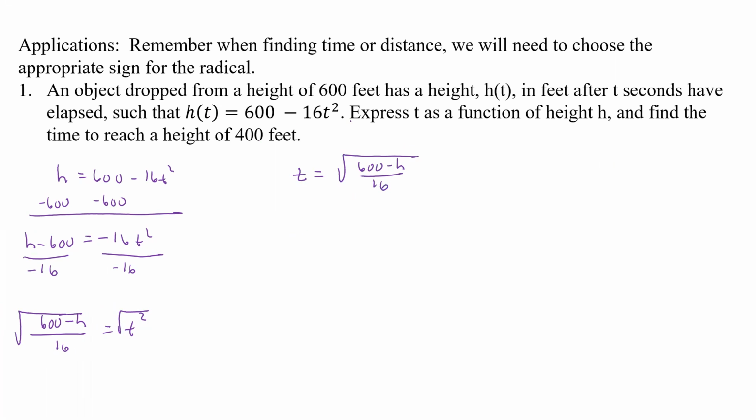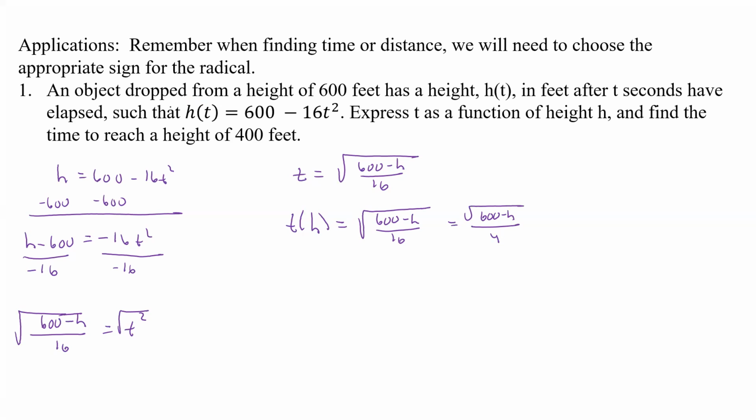As a function, that's t of h equals the square root of (600 minus h) over 16. We could take the square root of 16, which is 4, so that would be the square root of (600 minus h) over 4, and that might be the most simplified form.